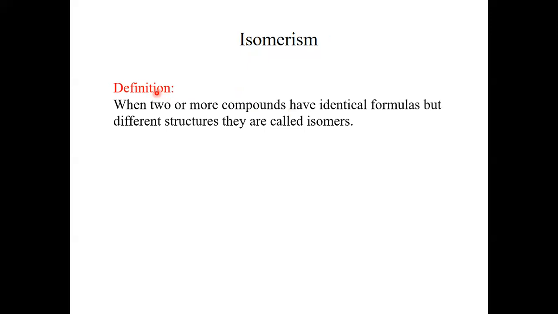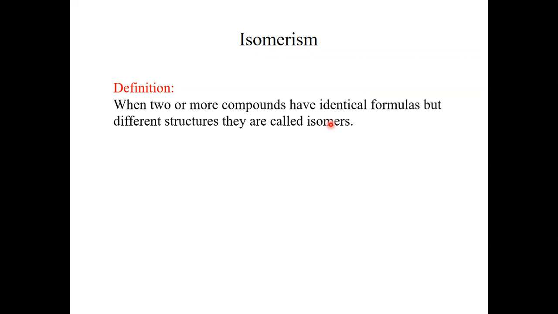So generally, what defines isomerism? When two or more compounds have identical empirical formulas, but different structures, then they are called isomers. When you do elemental analysis, isomers always have the same empirical formulas, but if you analyze their structures, then they have different structures. Now, what kinds of isomerism do we know?